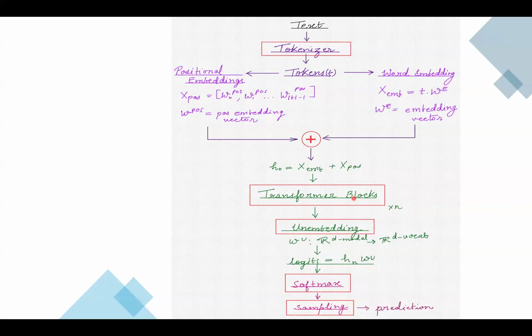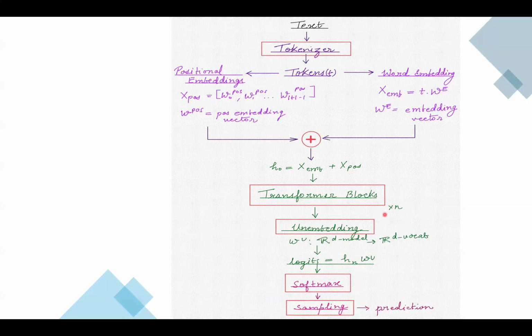In newer models, you get a lot more, up to 64 or even around 100 transformer blocks. You can choose based on the size of your model and how much capability you want it to have.